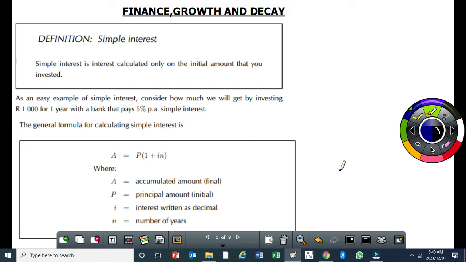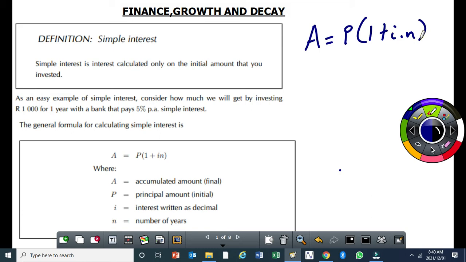Okay. Now, simple interest has got its own formula. There's a general formula which is used to calculate simple interest, and that formula is A equal to P times (1 plus I times N). Now, you need to know what each of those letters represent.